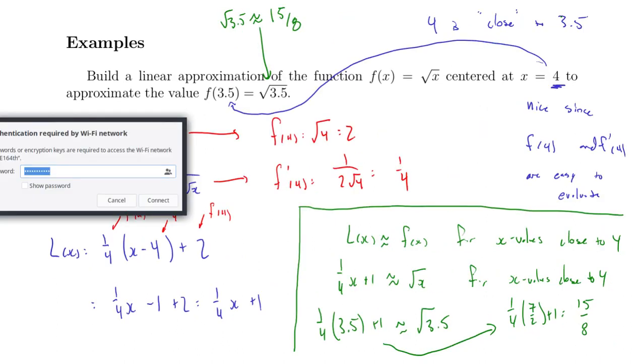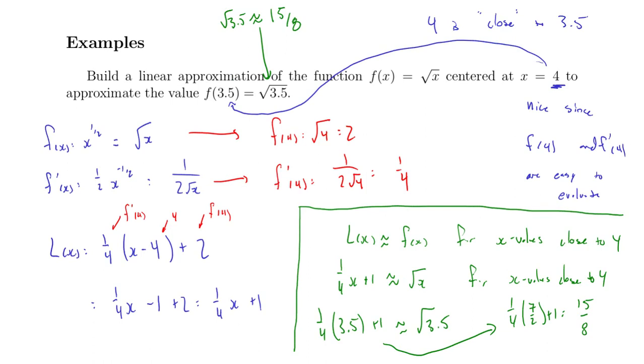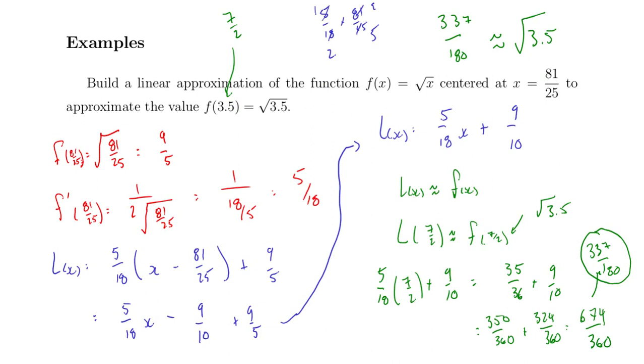This first one was really slick because we're just evaluating at easy integer values. And so evaluating that function was really nice. Building the linear function was nice. Here, building the equation of the tangent line kind of sucked. And evaluating that tangent line was a little annoying, only because dealing with fractions is a little annoying.